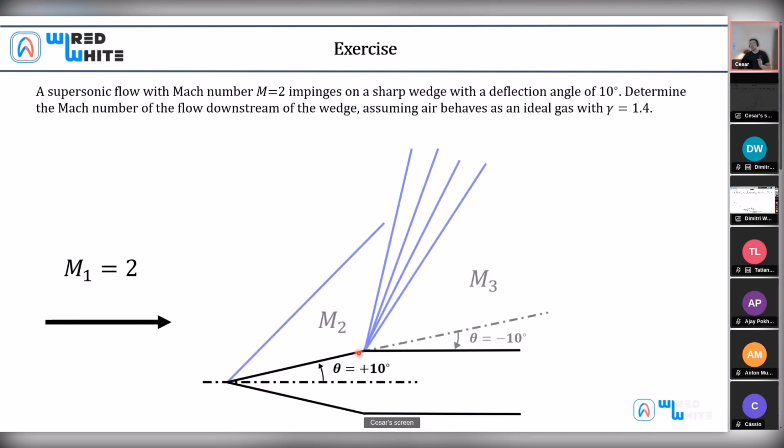As a consequence, we will have the following system, in which we have an oblique shock departing from the starting point of this wedge, and then we will see an expansion fan because the flow is also deflected minus 10 degrees, right? So we have a compression and then an expansion.